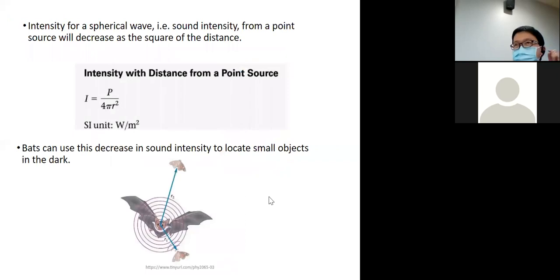In a lot of cases, for example, when the radio wave is propagated from a radio station, the wave propagates in this three-dimensional spherical fashion.